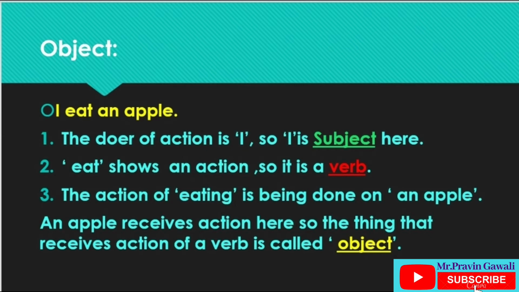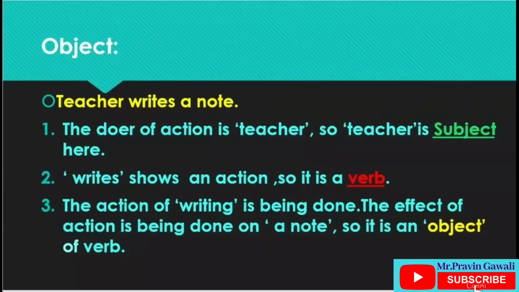Have you understood now what is object? An object receives an action. Let us study one more example, students. See here. Teacher writes a note. Here in this sentence, the doer of action is teacher. It means teacher is doing the action.